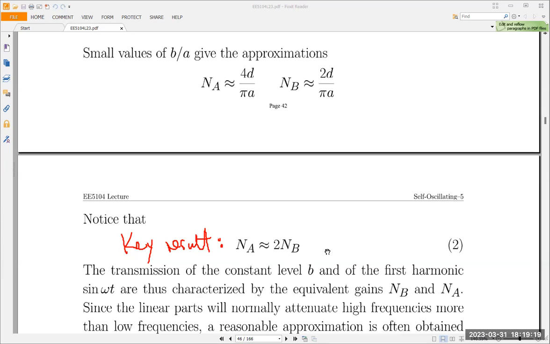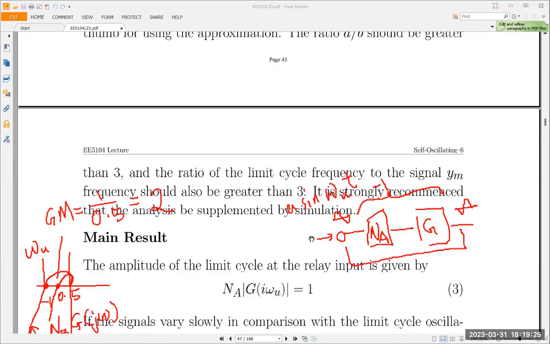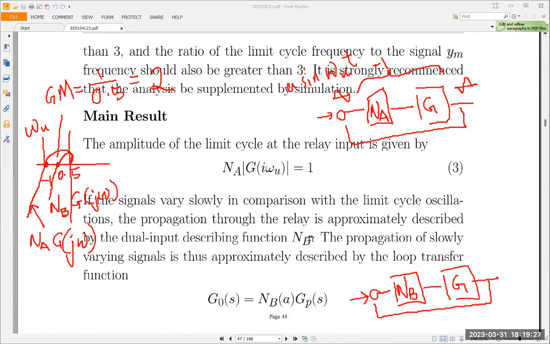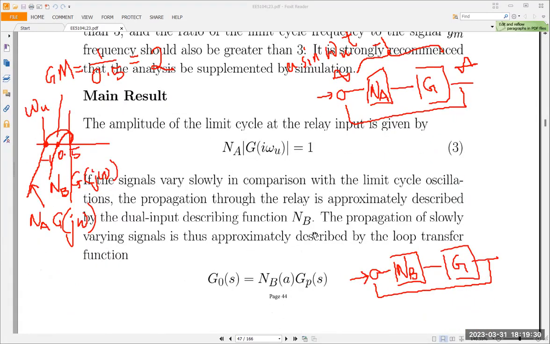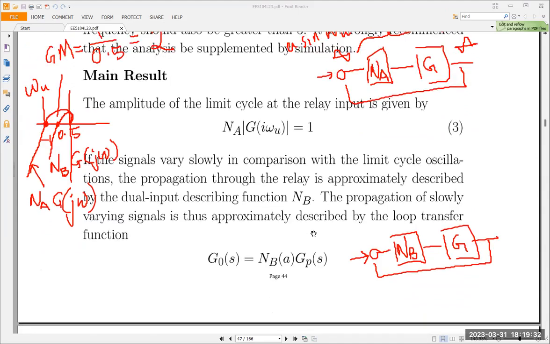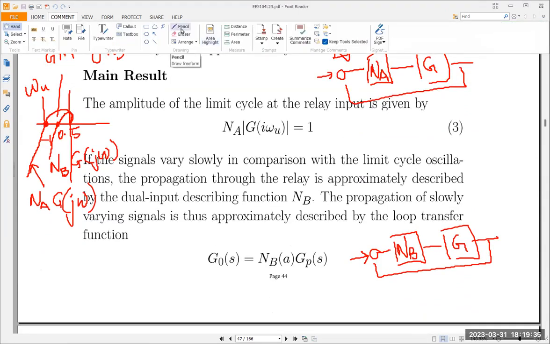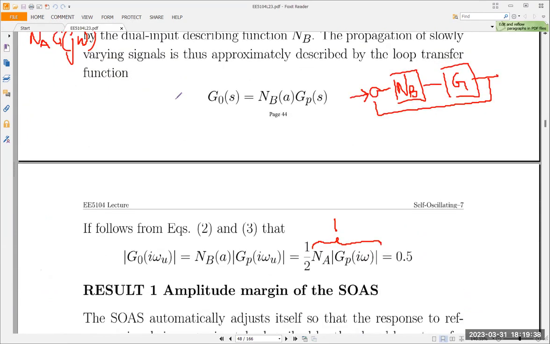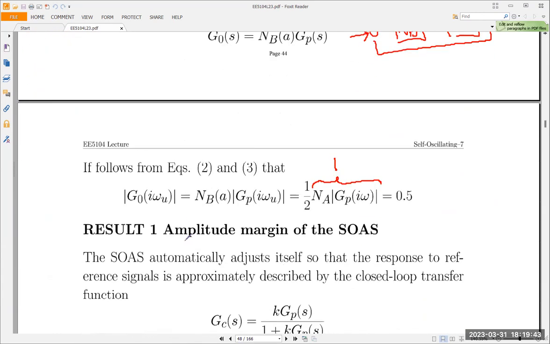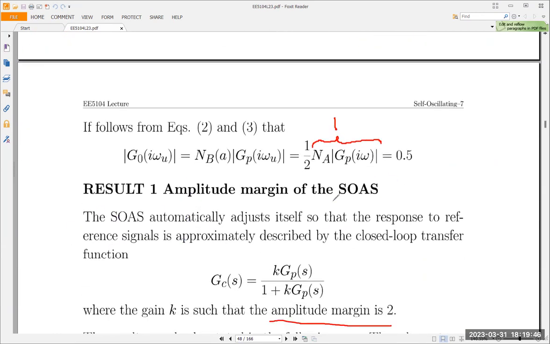Then, as a consequence, the gain margin of such a system will always be, the math shows, it's algebra, you just substitute here, substitute there, then you find that the magnitude of the low frequency transfer function at omega u, the crossover frequency, is equal to 0.5.